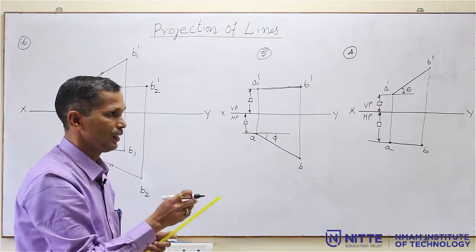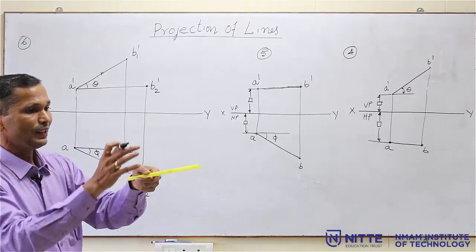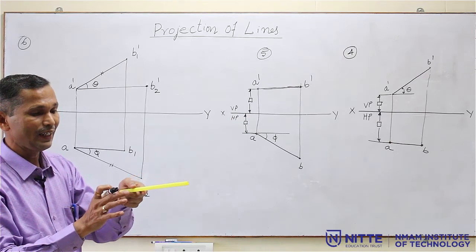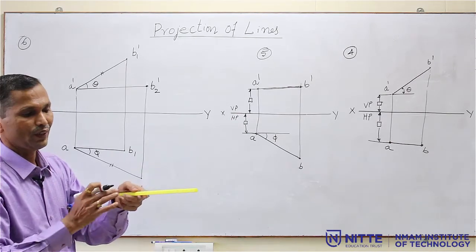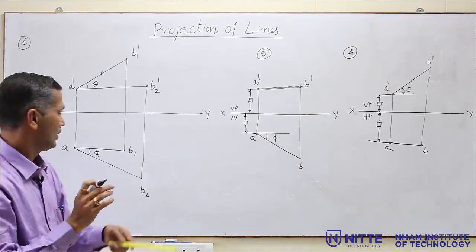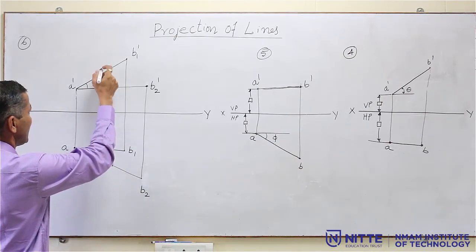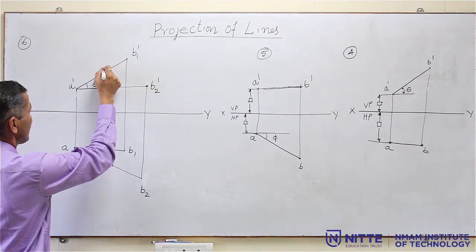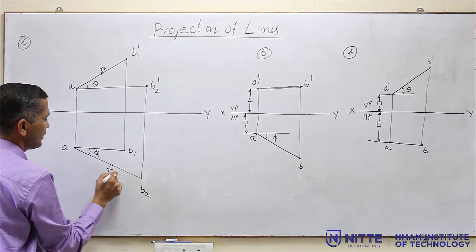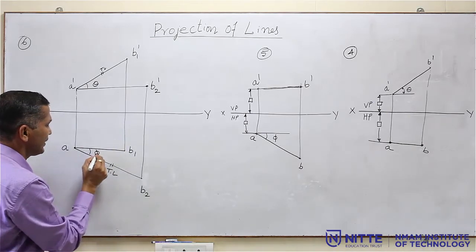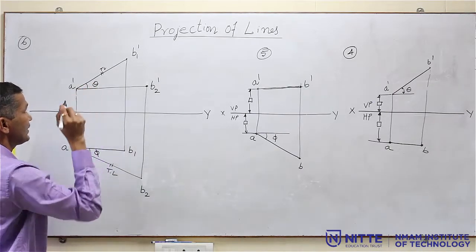Similarly, in this manipulated position I get A B2, and the length is 100 mm only. True length means the actual length of the line given in the problem. This angle is phi, this angle is theta.